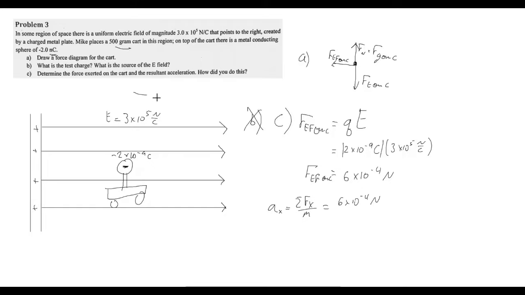Technically, if this is the positive direction, this would be in the negative direction, so this would be a negative force, over our mass, which is 500 grams. If it is 500 grams, this has to be in kilograms, so this is going to be 0.5 kilograms. This will give us an acceleration of 1.2 times 10 to the negative 3 meters per second squared.